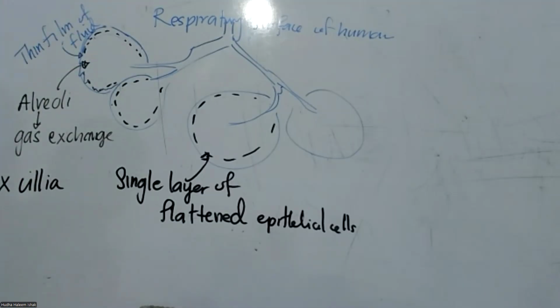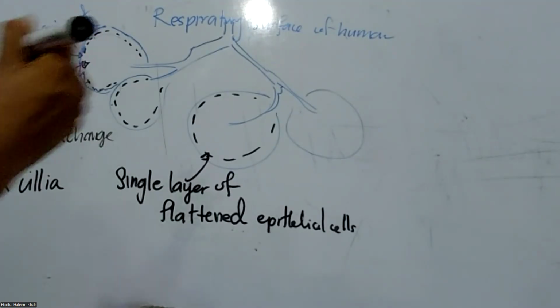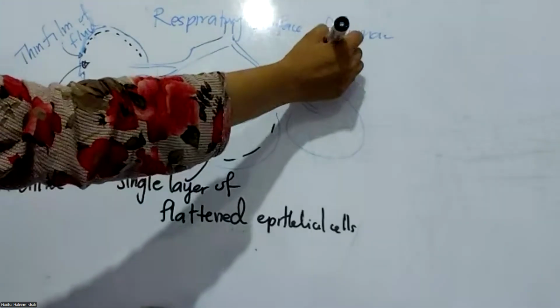Okay, and each lung consists of what? Millions of alveoli. Each lung will have millions of alveoli inside them. And due to the presence of millions of alveoli, what is the benefit?